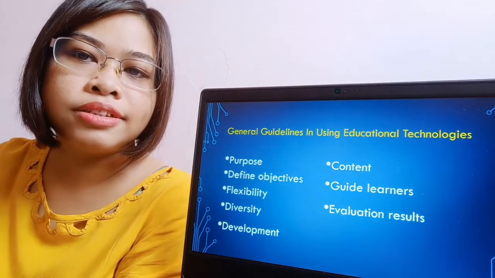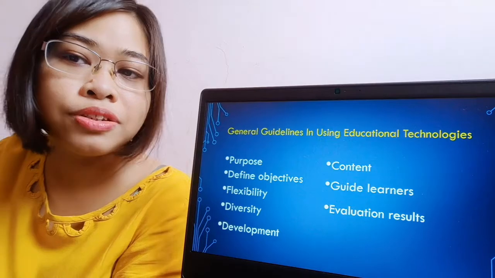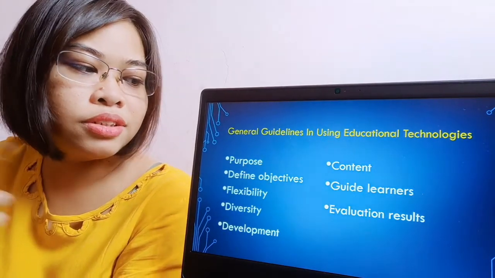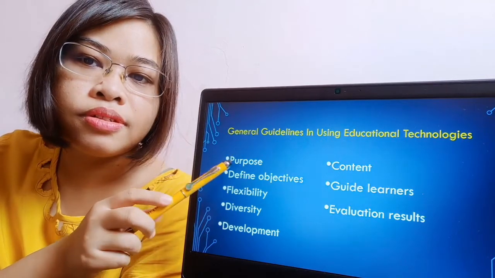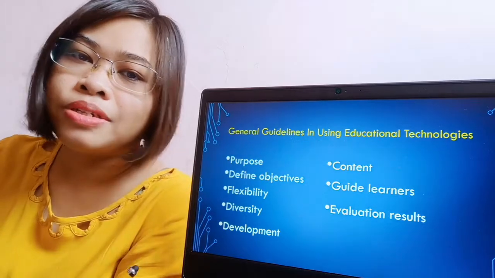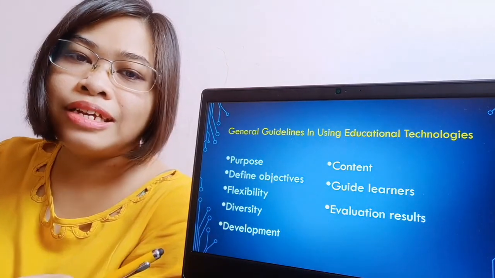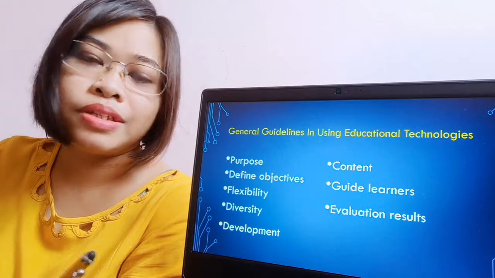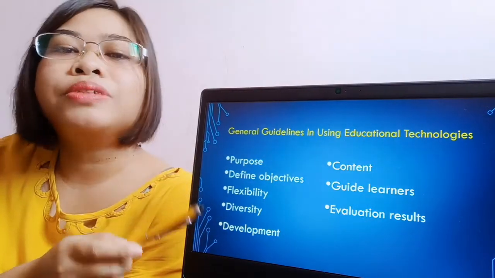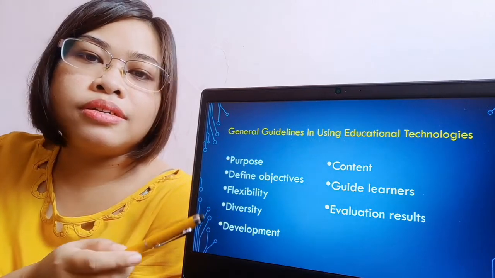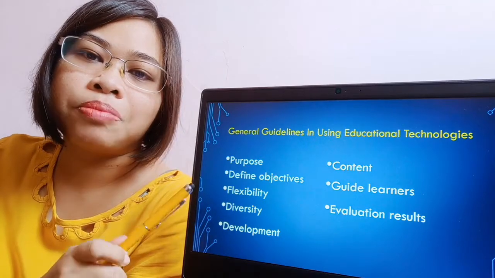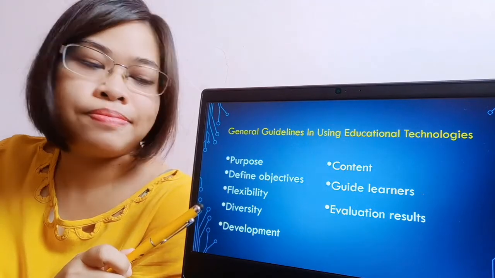Here are the guidelines in using educational technologies. First is the purpose. Ask yourself, what are you trying to accomplish and why this instructional aid is important. The next one is define objectives. Clearly defined objectives help you in planning and selecting appropriate instructional aid.